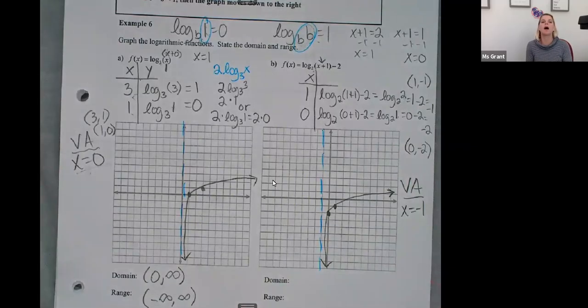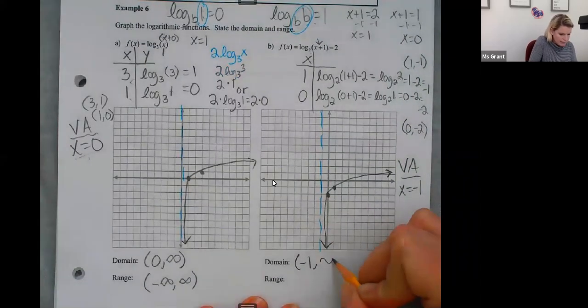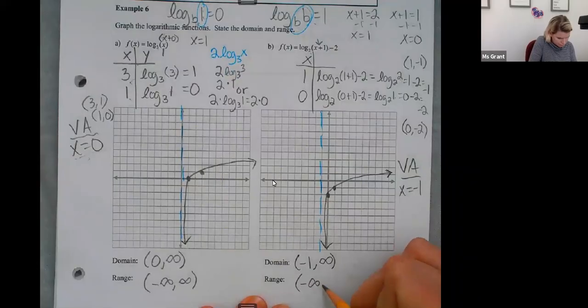So those are 2 logs. And guess what? The next 2 we're going to do are going to be natural logs, and it's just as easy. My domain is negative 1 to infinity. My range is all real numbers.